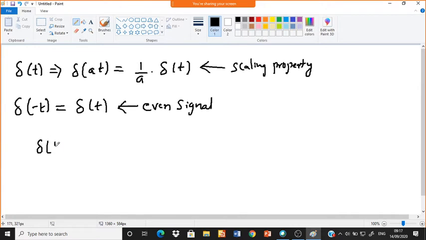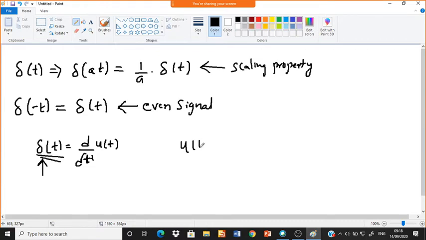If you take the derivative of u of t, that is d by dt of u of t, you will get the impulse function. From the unit step function, if you take the derivative, then you will get the impulse function.